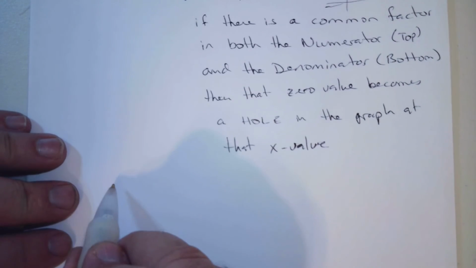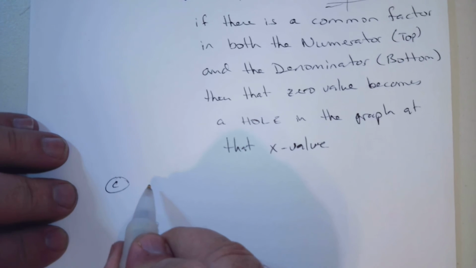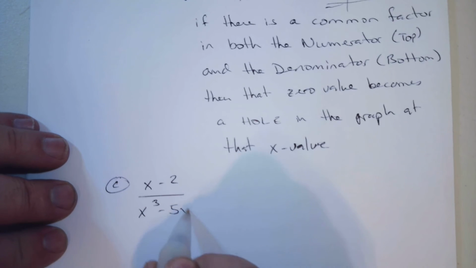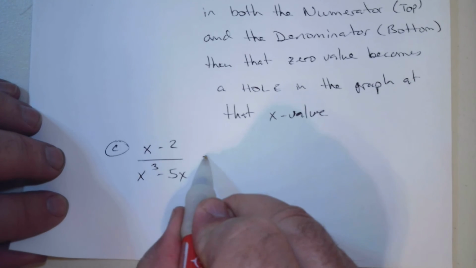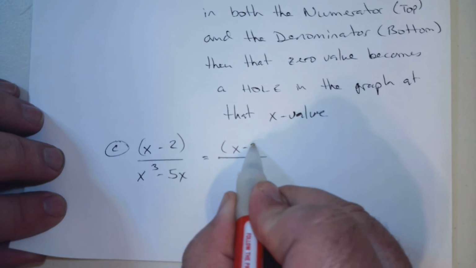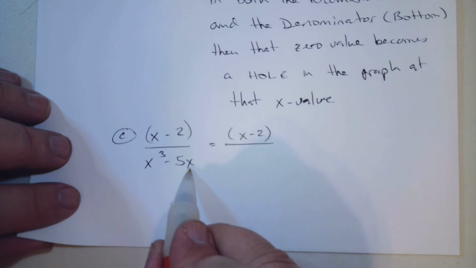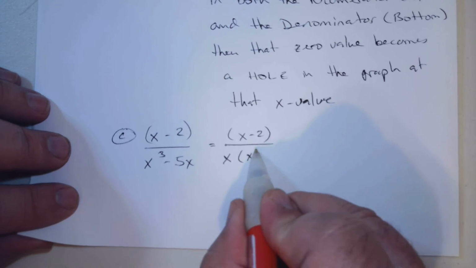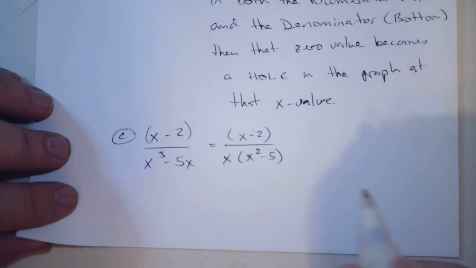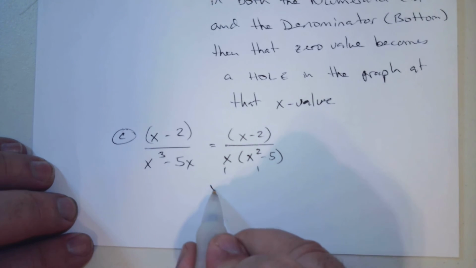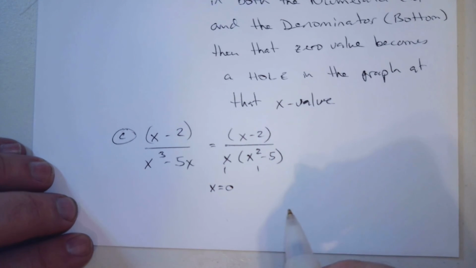Alright. And one more. X cubed minus 5x. Okay, the top is linear already, so leave it alone. The bottom has one x in common, so I take one x out of both of them. I set them equal to 0. So x equals 0.